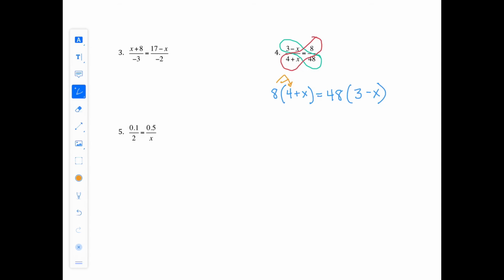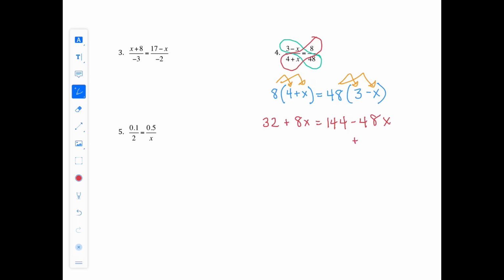And just like before, we're going to distribute, because we see we've got that 8 and 48 multiplied to multiple terms inside the parentheses. So here we have 32 plus 8x equals 144 minus 48x. Numbers are big, concept is the same.